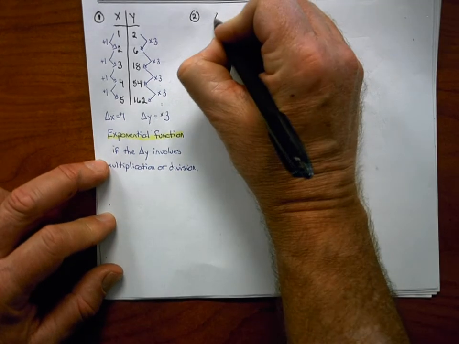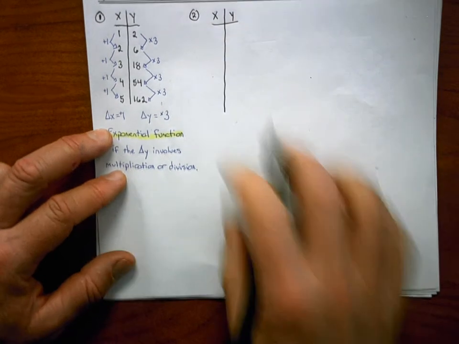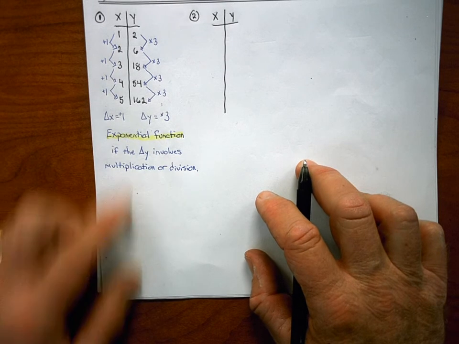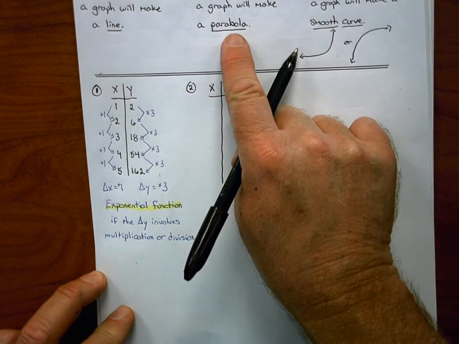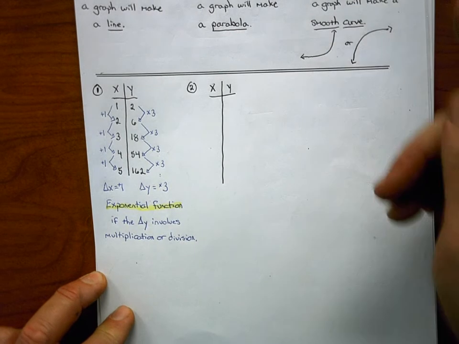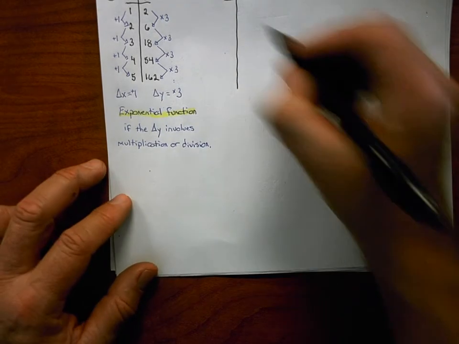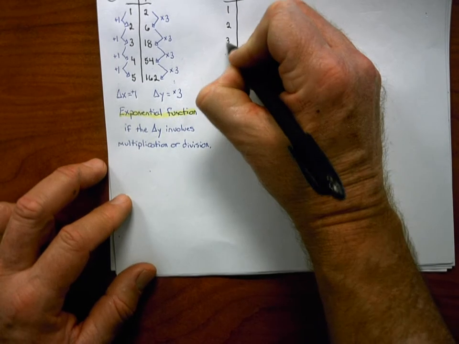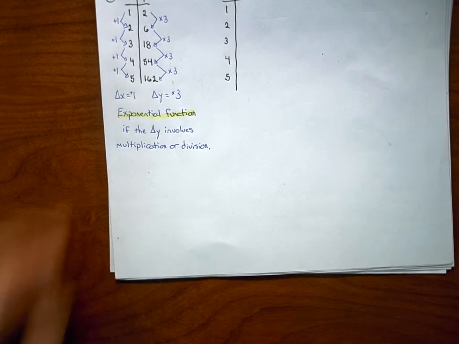All right, next one, number 2. By the way, if you have graph paper, you are more than welcome to plot these points and connect them and see if they make a line or a parabola or a smooth curve. But you can do this without graph paper. Number 2. I'm going to give you the same exact x values, 1, 2, 3, 4, 5, but the y values are going to be slightly different.